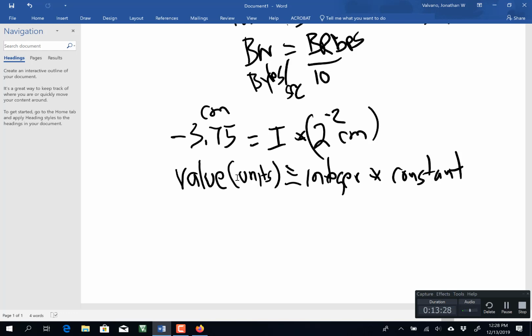So I got minus 3.75 equals I over 4. How's your math? 4 times 3 is 12. 4 times 0.75 is 3. 12 plus 3 is 15. I got the minus sign: minus 15.